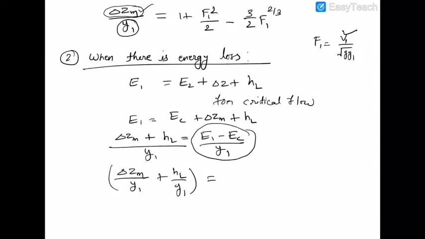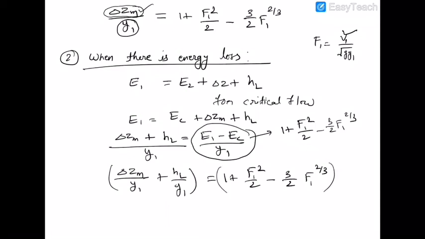Okay, we can replace the value of E1 minus Ec divided by y1 by 1 plus F1 square by 2 minus 3 by 2 F1 to the power 2 by 3. So that is 1 plus F1 square by 2 minus 3 by 2 F1 to the power 2 by 3. This is the equation to find the minimum height of hump in case of head loss.